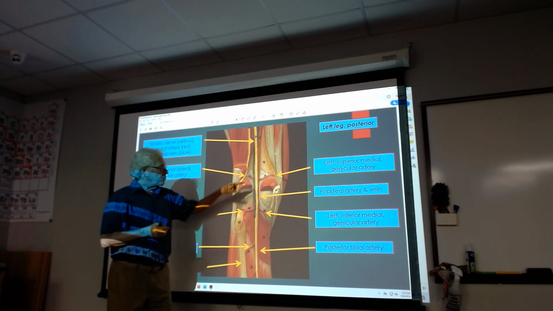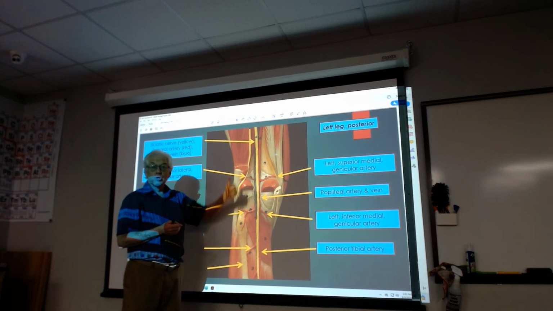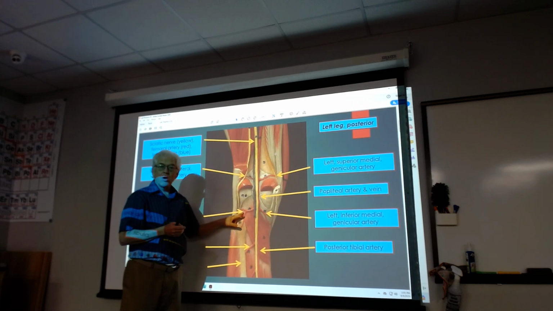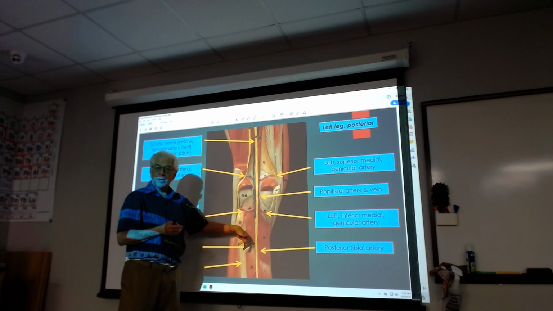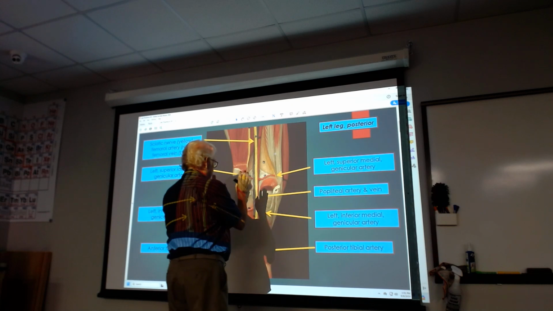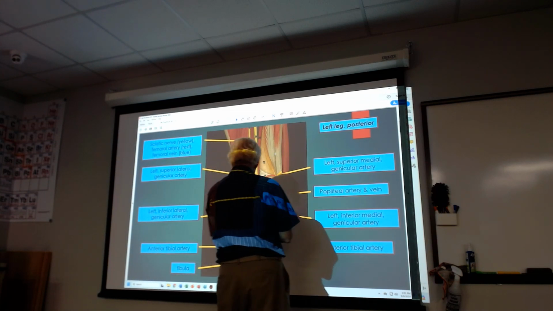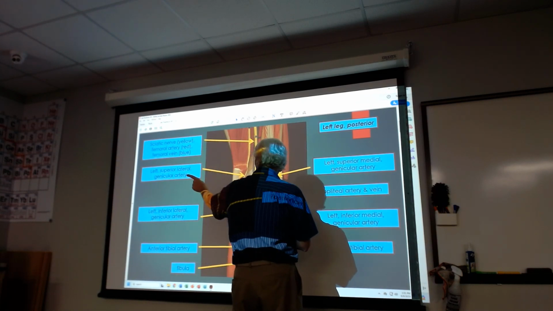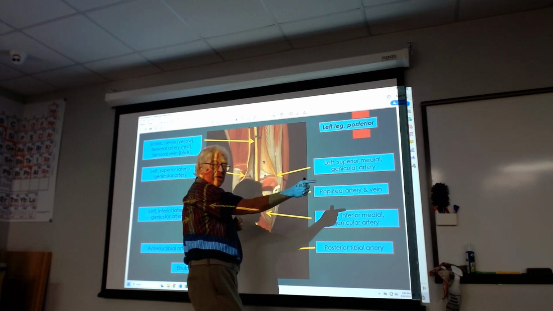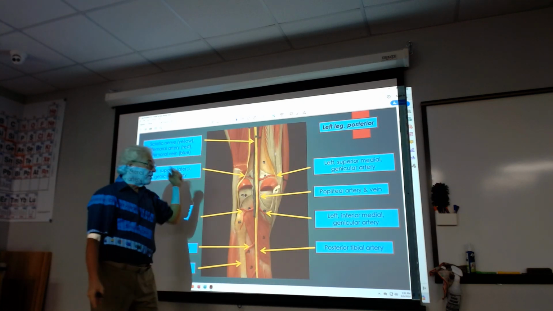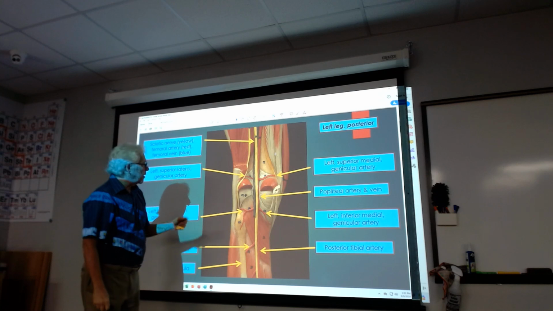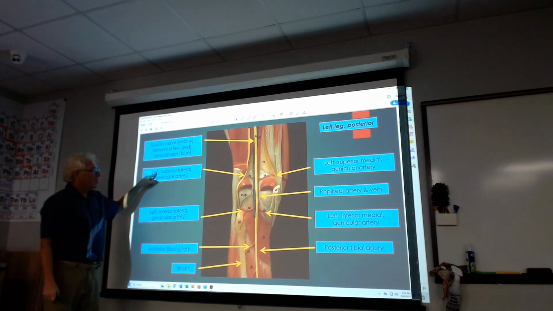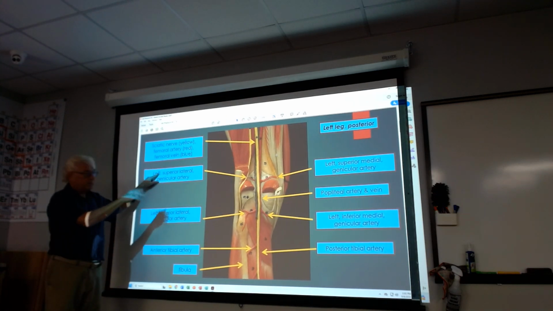And of course, we have two that are high, superior, and two that are low, inferior. All right? And if this is the left leg facing this way, then this side is lateral and this side is medial. And that's how we're going to name them. All right? So, this is your left leg.